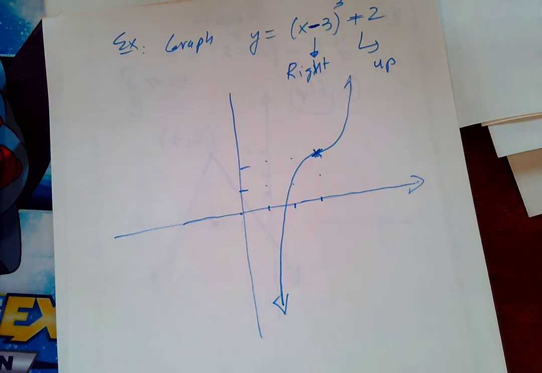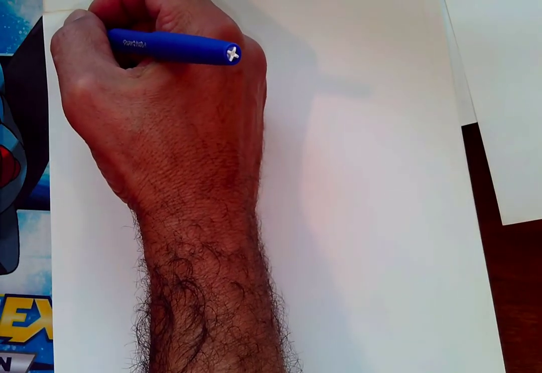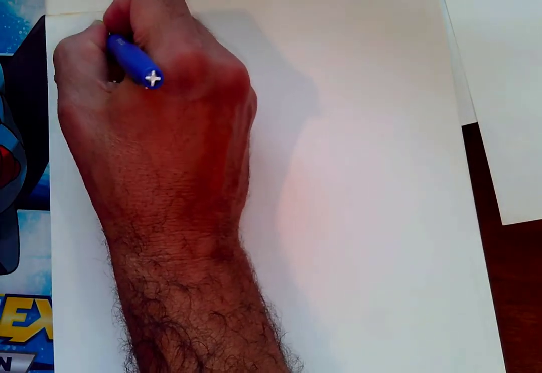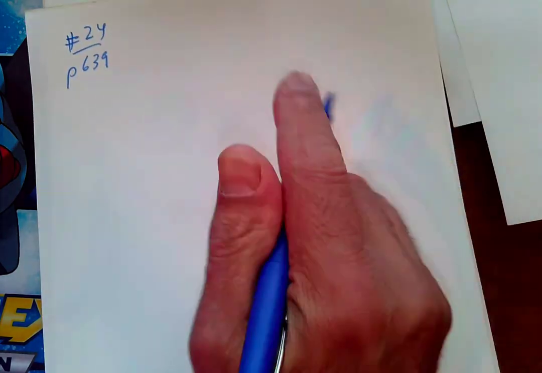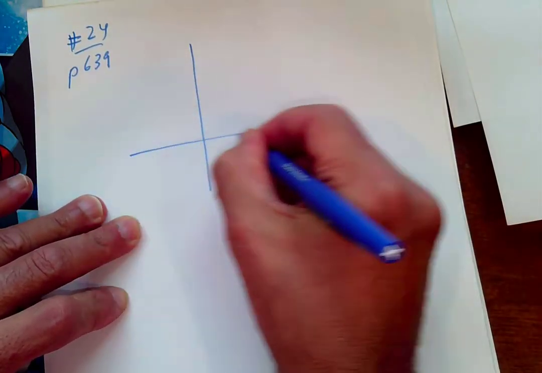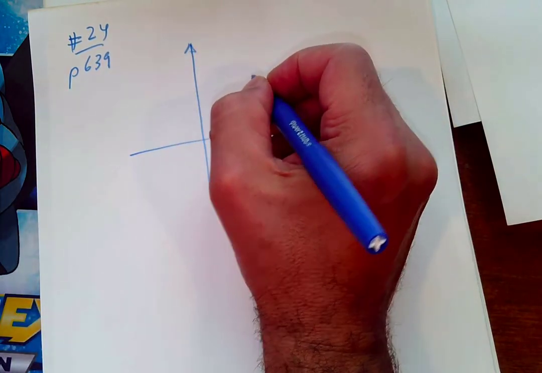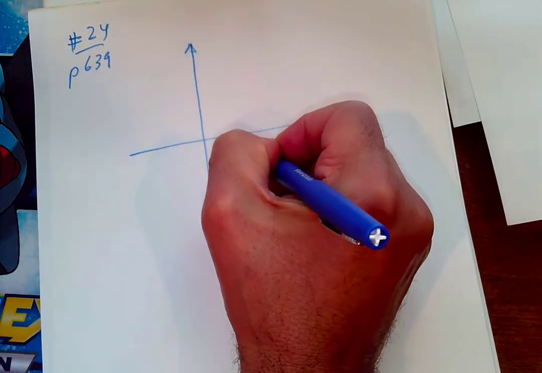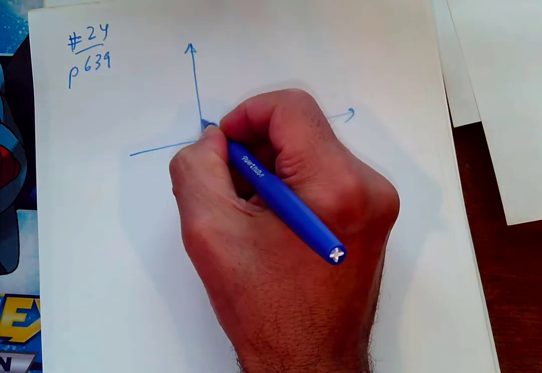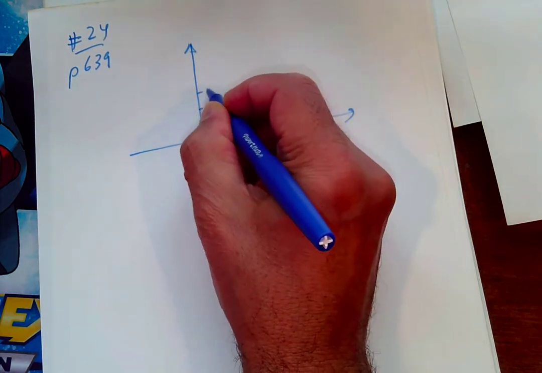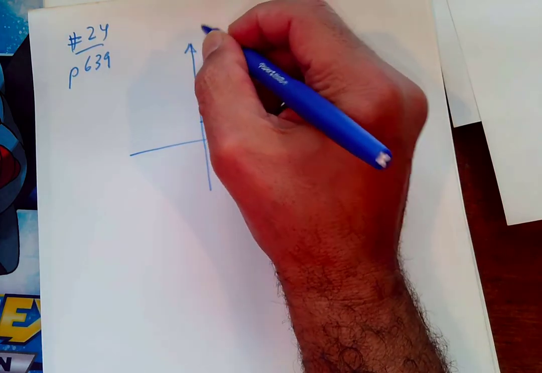So domain and range from each function, 24, page 639. So I need you to be looking at your text. When we do this, the main point is at 2, 3. And then it's a V-shaped graph.